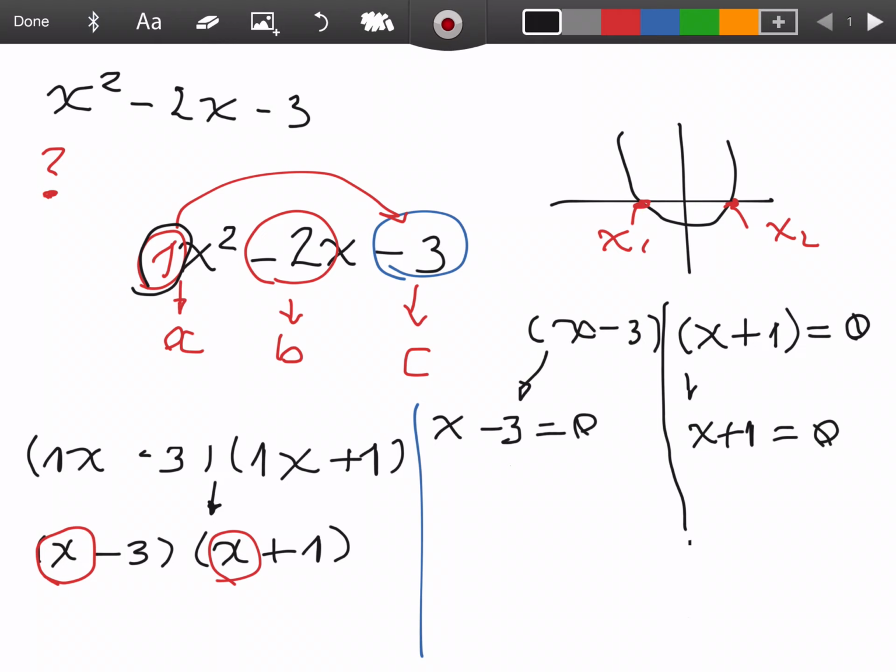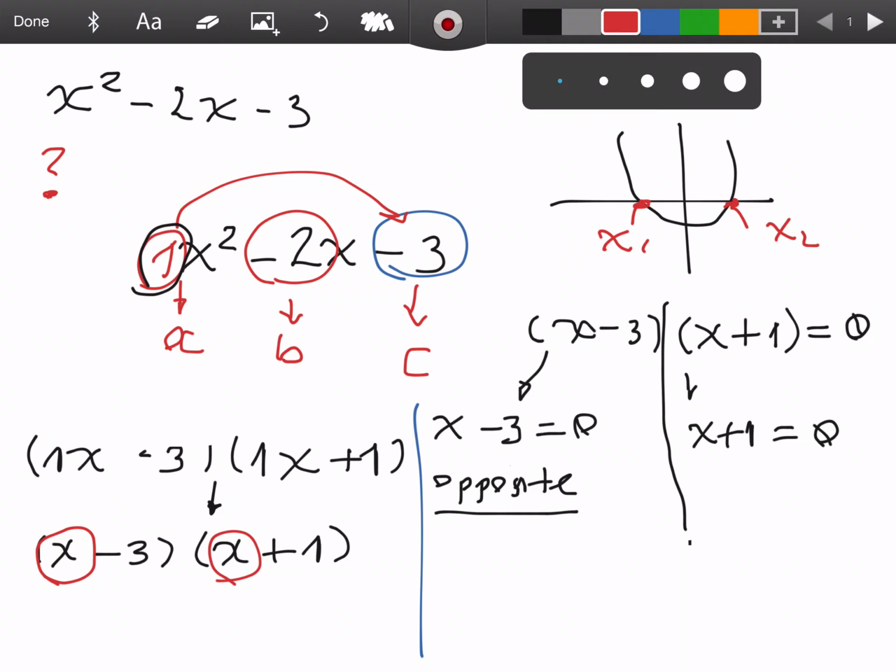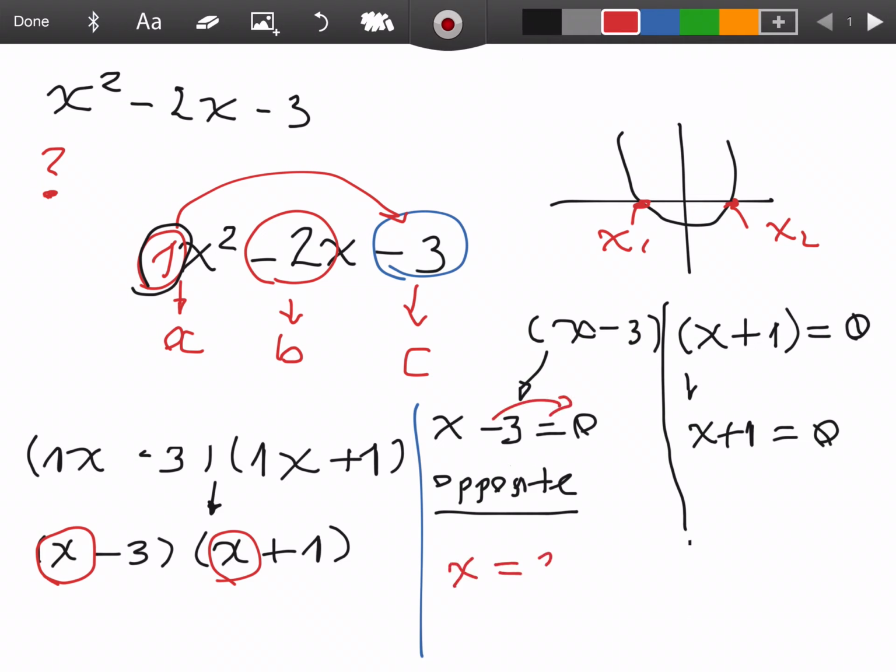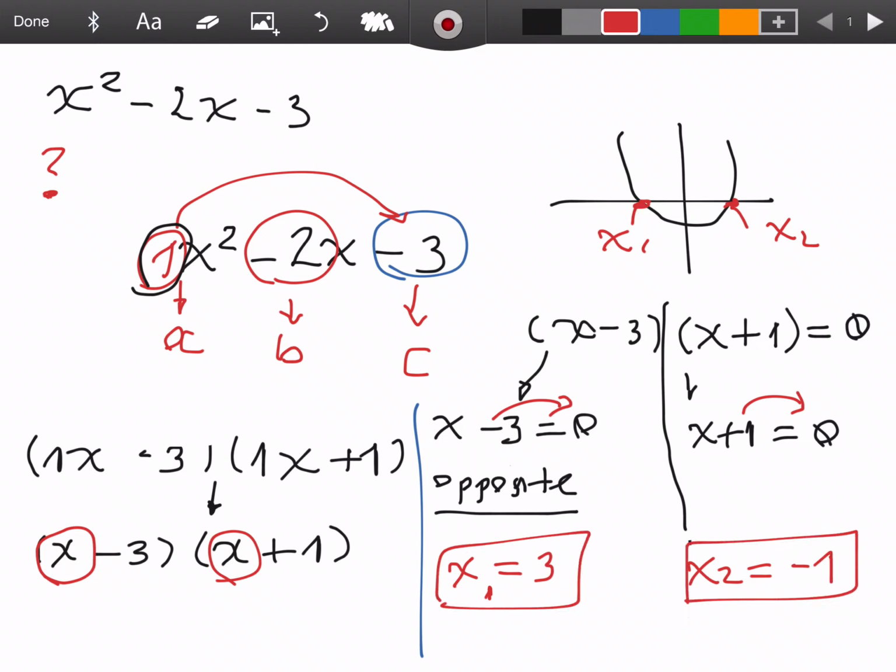Now apply the opposite operation to find the value for the x. For example, the minus 3 passes to the other side, and x equals 3 is the first value for x, and the second value for x is equal to minus 1. And then we got the roots of the quadratic equation.